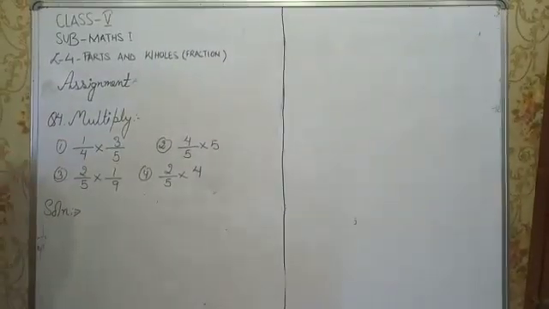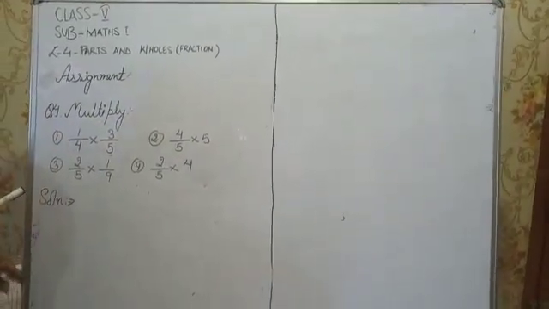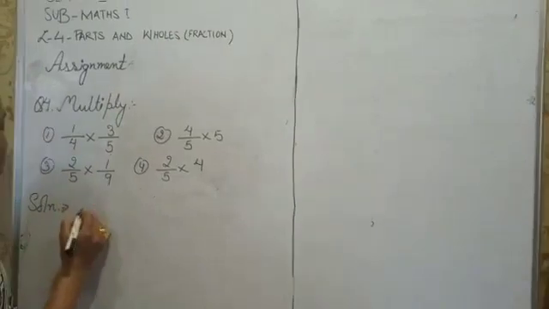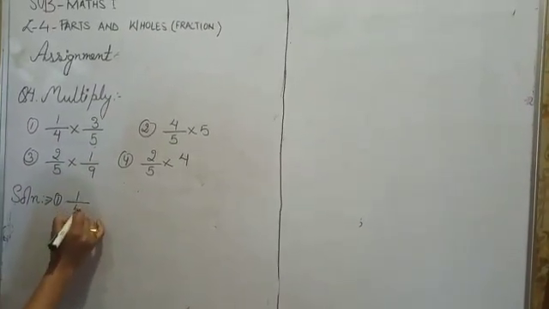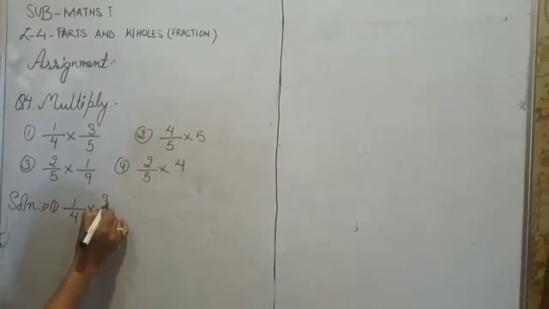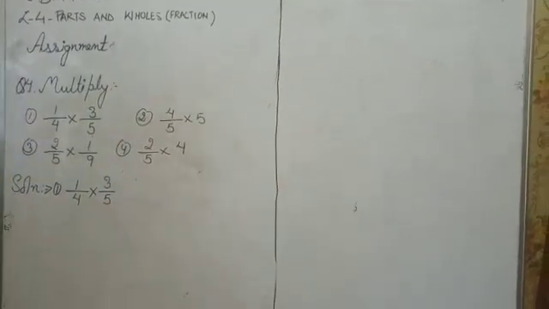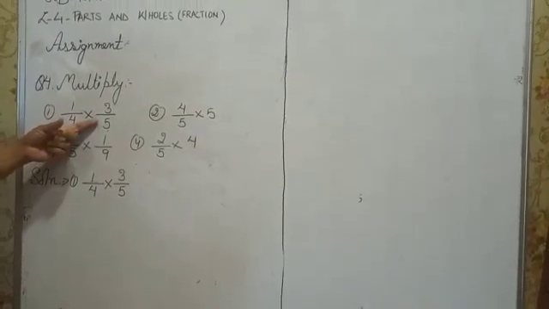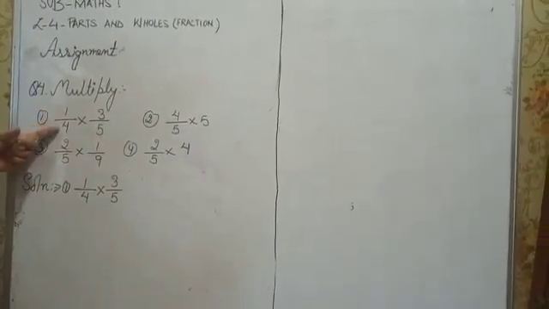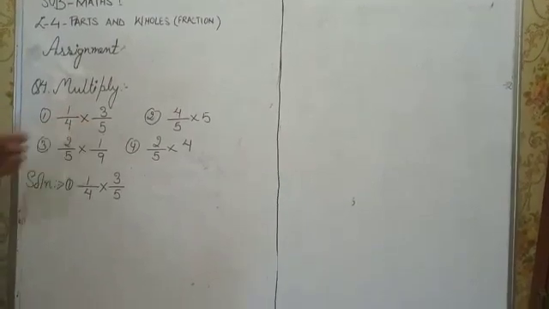Question number 4, multiply. That means multiplication of fractions. First, Roman number 1, the given fractions are 1 by 4 into 3 by 5. That means to multiply a given fraction by another fraction. The first fraction is 1 by 4, and we have to multiply by another fraction 3 by 5.